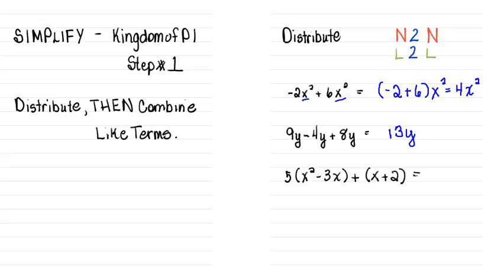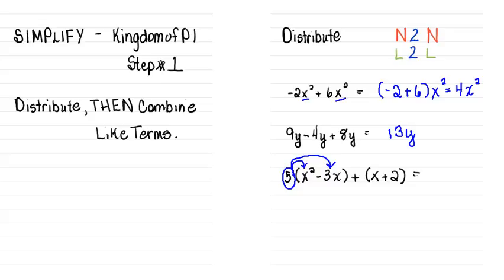On the next problem, you'll see that we have some distributing. Distributing is the property of multiplication over addition and subtraction. When we multiply, that is where we multiply number to number and letter to letter.